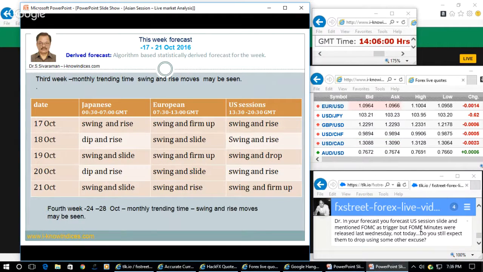Even though it is given in the title, I'll be following the forecast and then try to recommend the trading. Now here you find the swing and drop is expected to happen during the US session. But they already made the drop during the European session. Instead of firming up, they firmed up a little bit and then started making the drop during the late part of the European session.